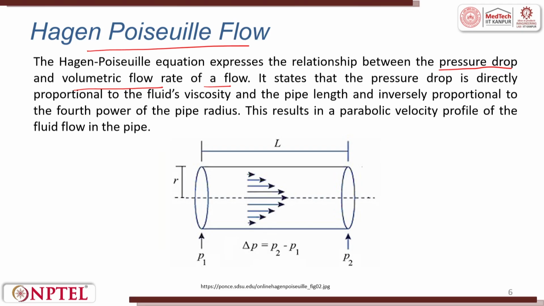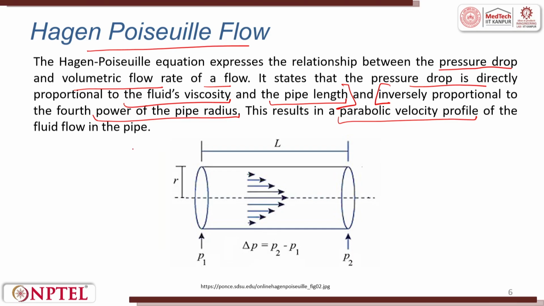It is used in drainage systems as well, to understand how fluid goes through spaces and tubes. What it states is that pressure drop is directly proportional to fluid viscosity and the pipe length, and it is inversely proportional to the fourth power of pipe radius. This results in a parabolic velocity profile of the fluid flow in the pipe.